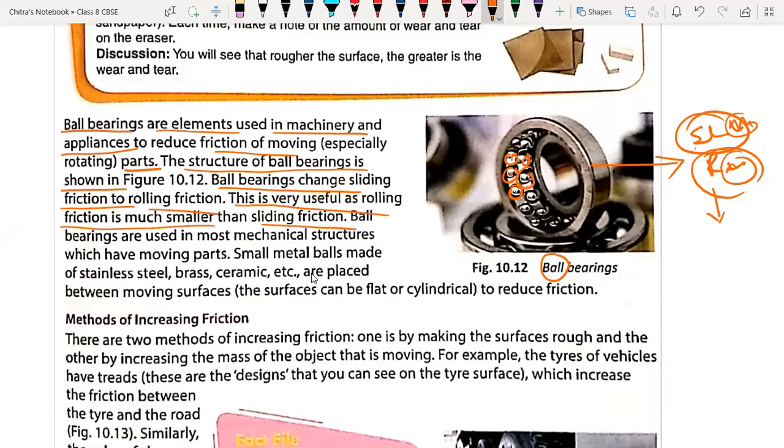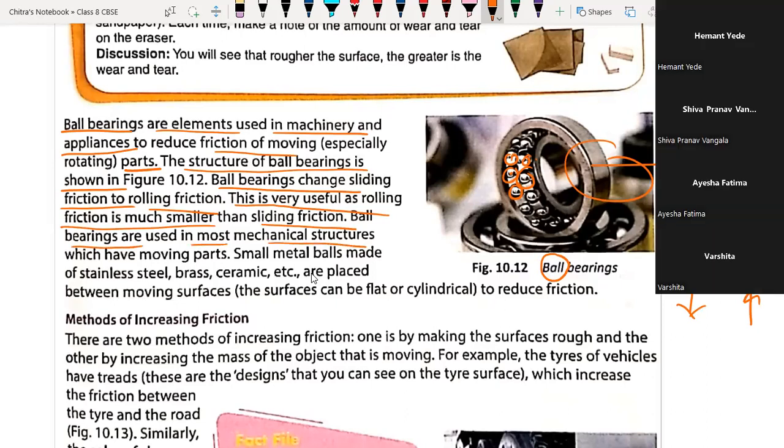Where can we use the bearing? Where sliding friction is more, we can use the bearing to reduce the sliding friction and increase the rolling friction. Bearings are used in most machinery and structures which have moving parts.